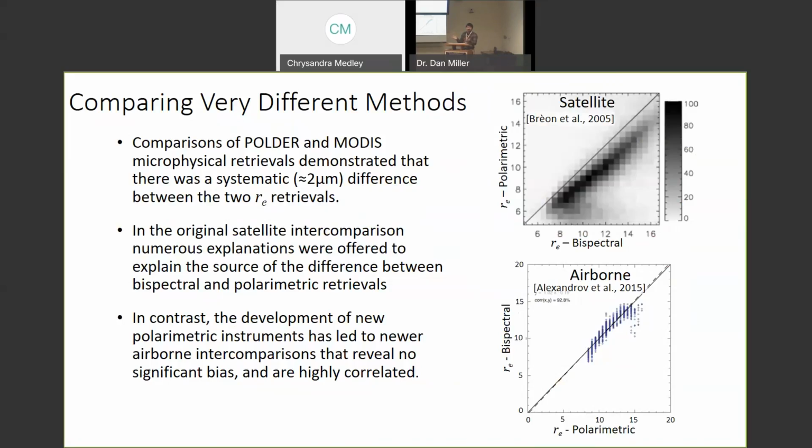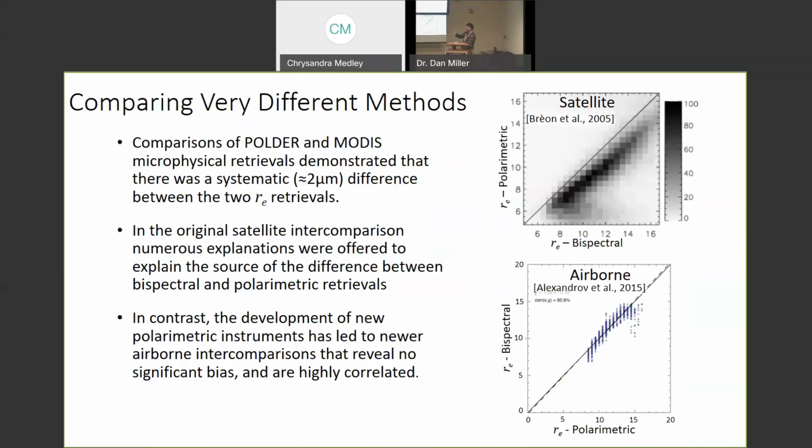So what's the conclusion here? How do we understand the difference between the satellite view up above and the airborne view down below, and are we close to saying the same thing with two different methods, or are we really far away? And 2 microns actually makes a big difference. It might seem like nitpicking, but it's a big difference in terms of radius of impact of clouds.